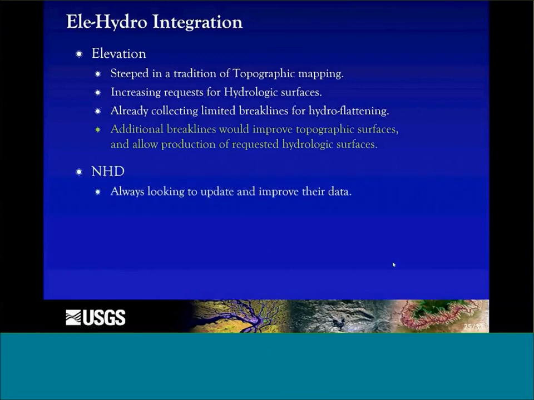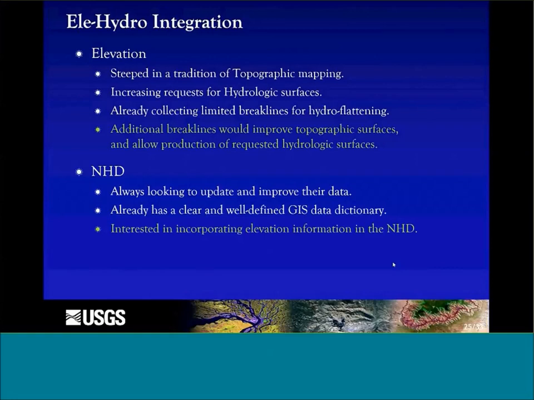The NHD, of course, is always looking to update their data and to improve the accuracy. NHD has a very clear and really magnificent GIS data dictionary that defines attribution, what the codes are, what the domains are, what the capture requirements and specifications are.